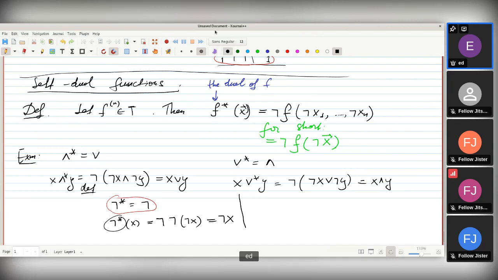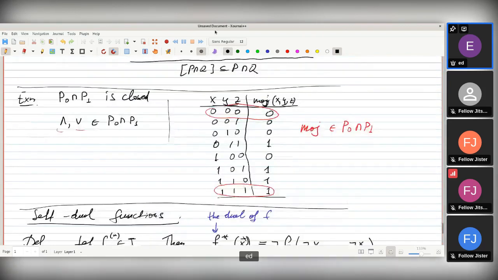Interesting. And what about the majority function? Let us compute its dual. What is the dual of the majority function? It is the negation of majority of not x, not y, not z.